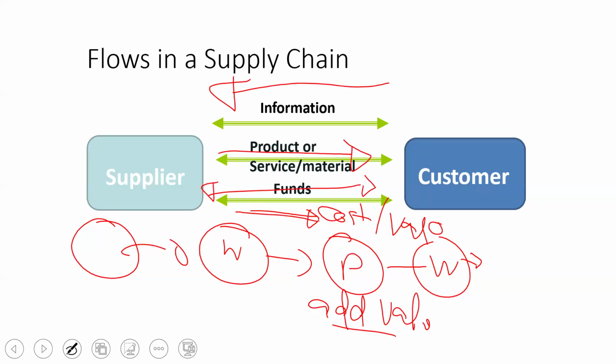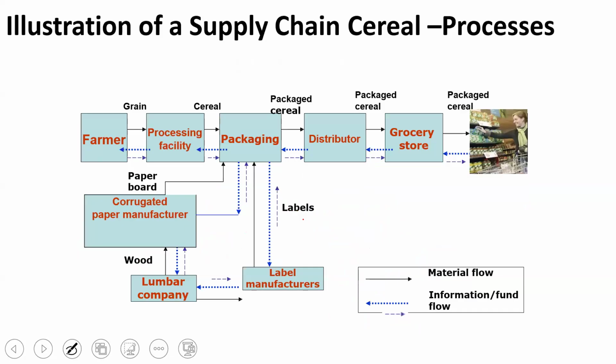So your cost and the value. So this is the basic concept of supply chain management. In addition to that, you find the process. So this example is given to you, right?